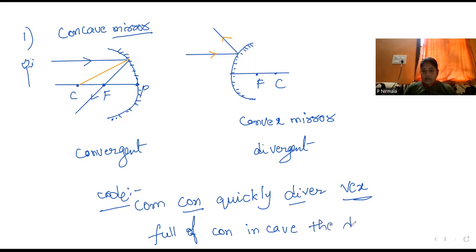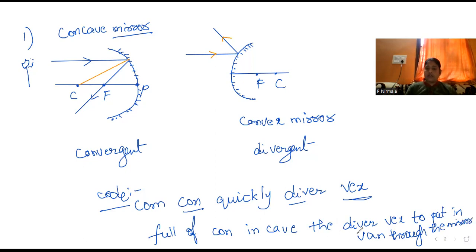The driver vex to put in van, through the mirror, vehicle. Okay. So here you can recall any one of the codes.